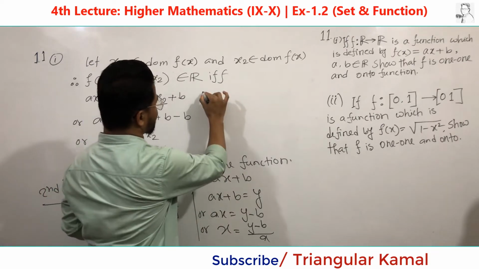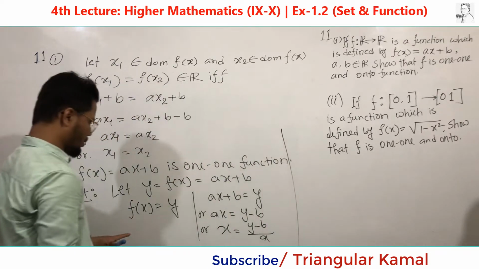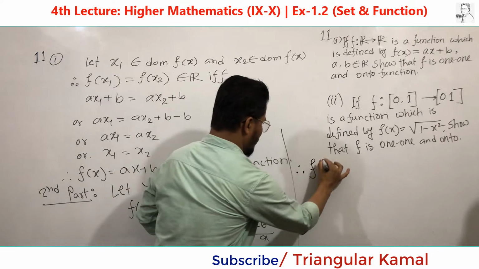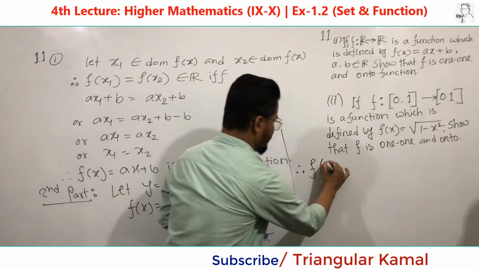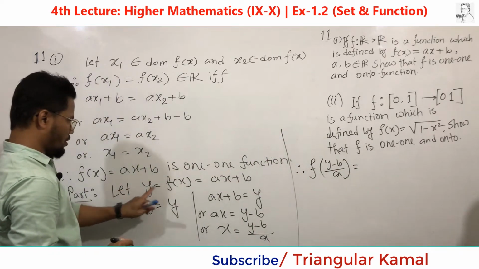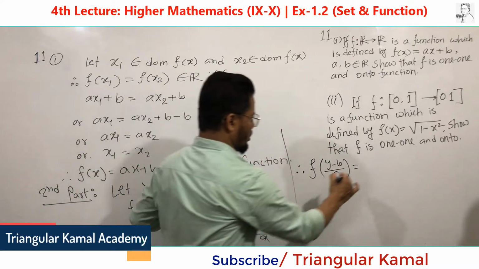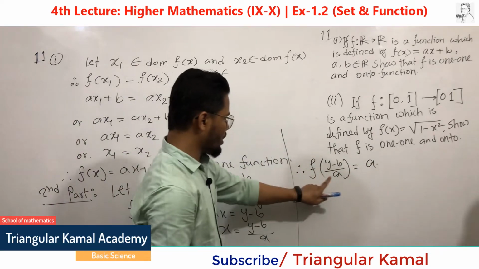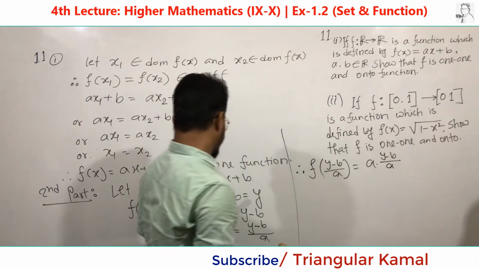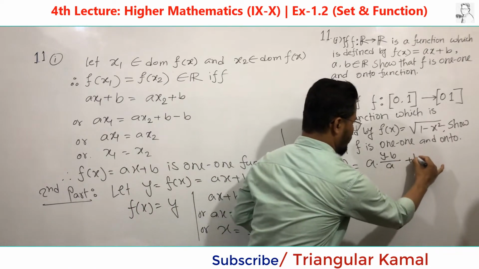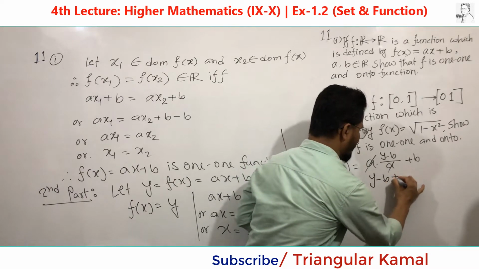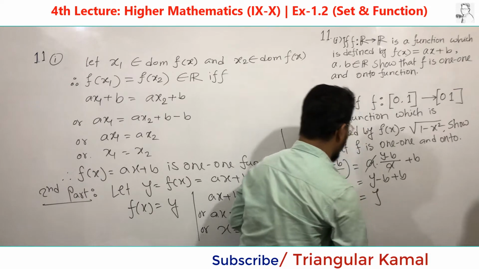If you apply here f of the value of x, which is y minus b divided by a, it will be ax plus b. So a multiplied with x, now substituting y minus b divided by a, plus b. Now eliminating a, finally you will get y minus b plus b. Cancelling b, there will be y.